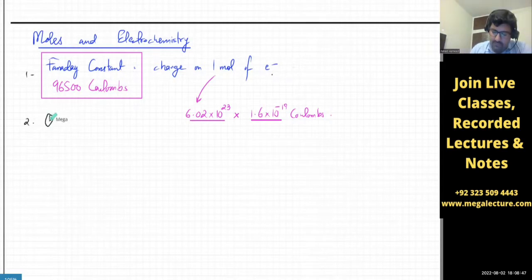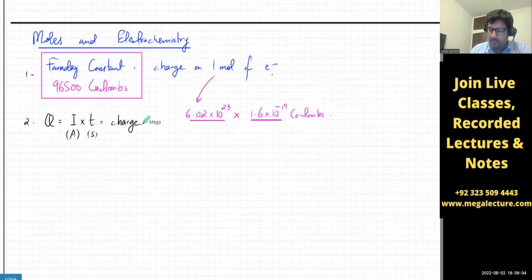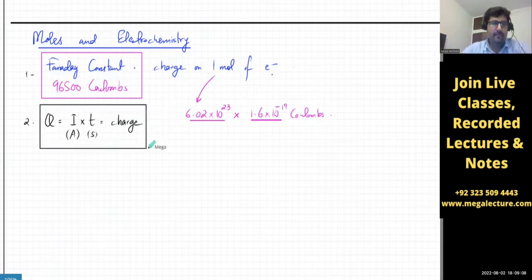Q equals current into time. Time will be in seconds and current will be in amperes, and that is equal to charge. So you already know this formula, Q is equal to IT, current into time. Or current is charge per second. That is what current is.